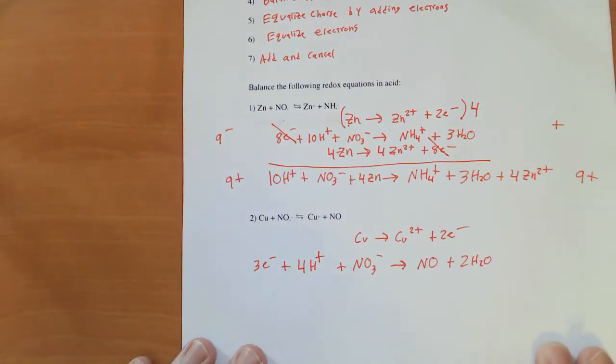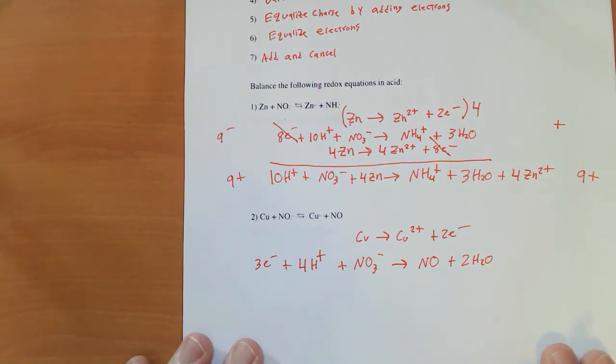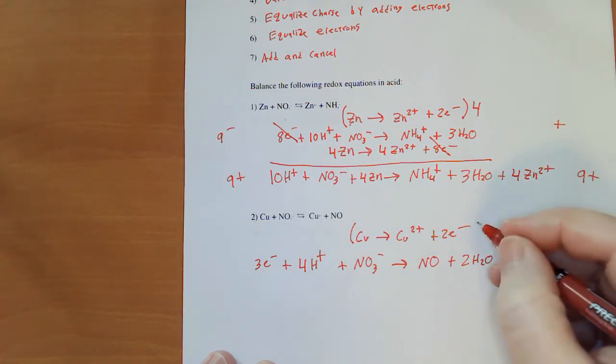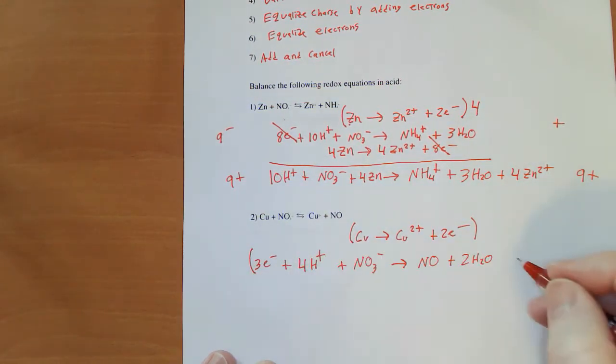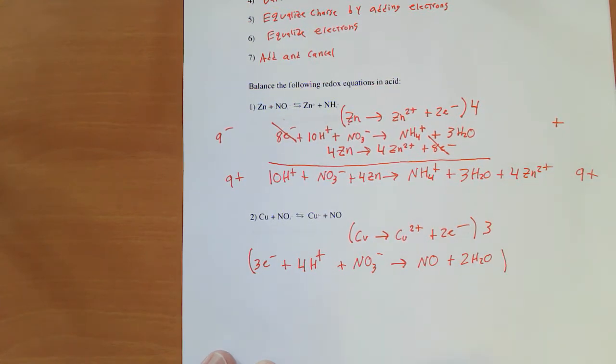Now, this does not cancel quite as easily. I'm going to need to multiply the equation on the top by 3 and the one on the bottom by 2.